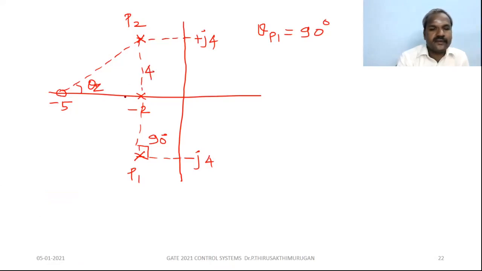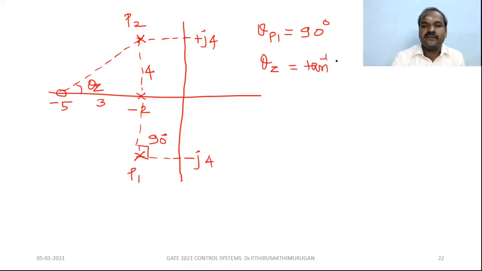This magnitude is 5 minus 2, which is 3. So tan theta equals opposite by adjacent, right? So theta Z equals tan inverse of 4 by 3. So what is tan inverse of 4 by 3? Please calculate and tell me, dear students. Tan inverse of 4 divided by 3.